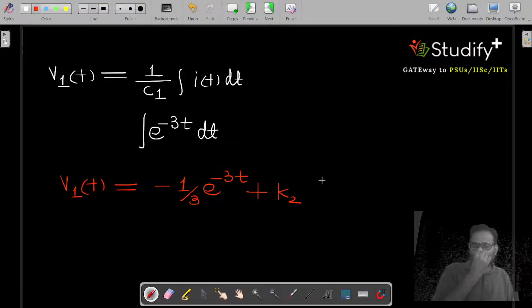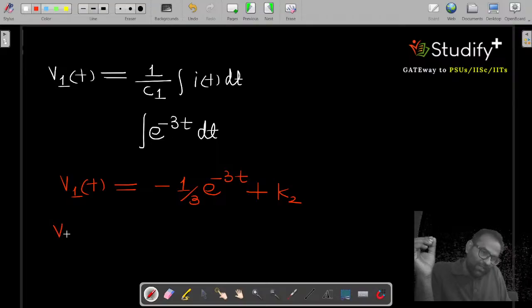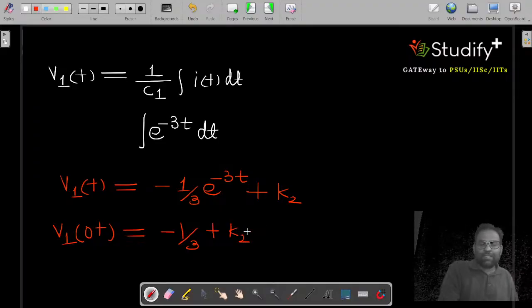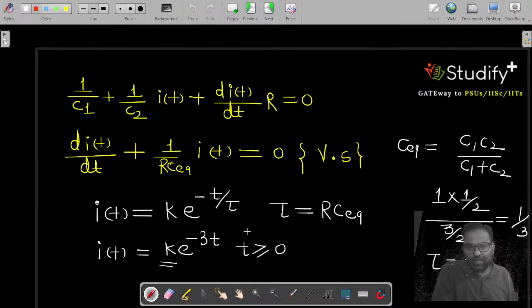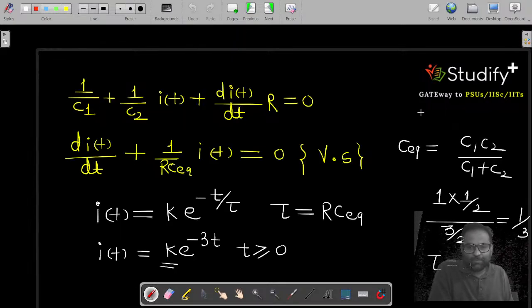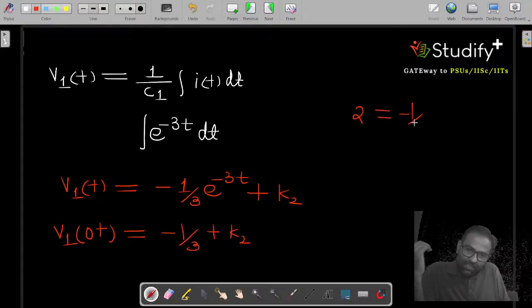Now how to calculate the initial condition? To calculate the initial condition, we have to calculate V1(0+), and you know that this voltage condition I can copy from 0 minus. So this value is minus 1 by 3 plus k2. V1(0+) is already given in the question. What is V1(0+)? 2 volt. So 2 is equivalent to minus 1 by 3 plus k2.